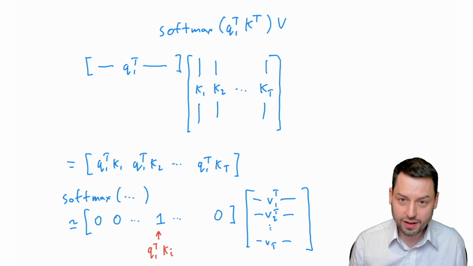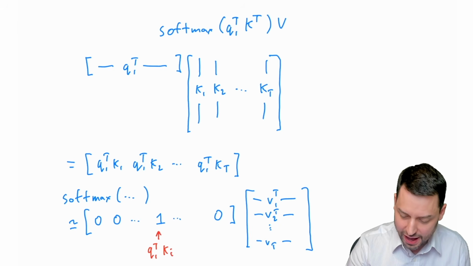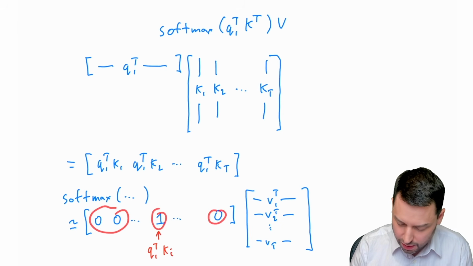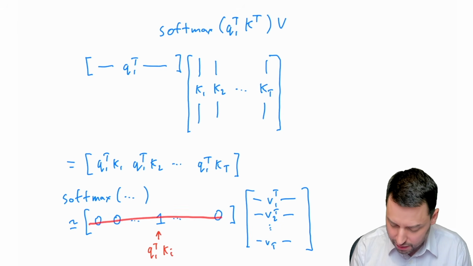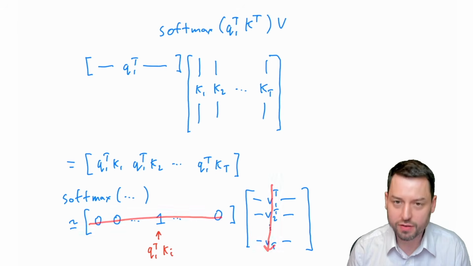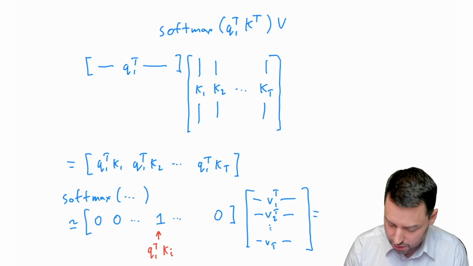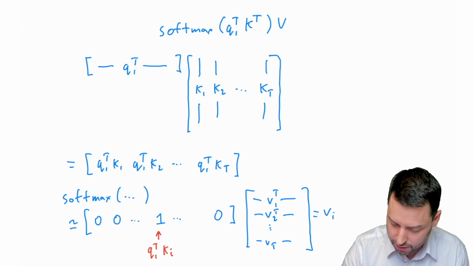If we only have one element here that is 1 and the rest are all 0, then multiplying this by the rows of V would just be equal to Vi.